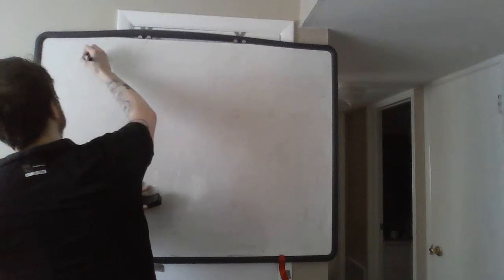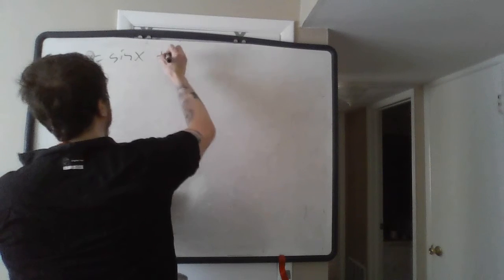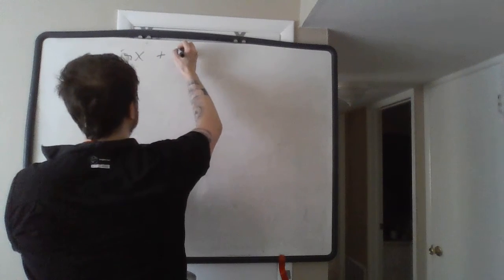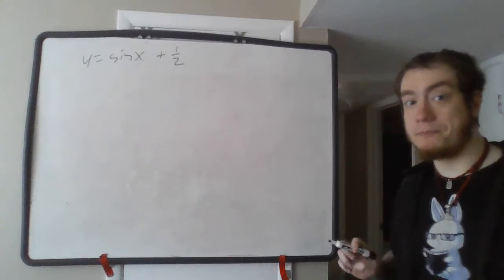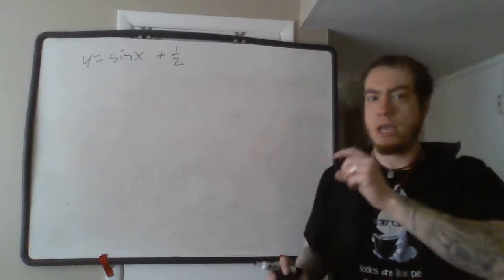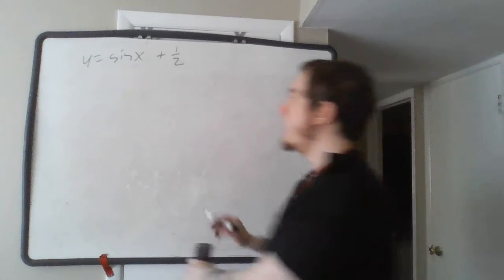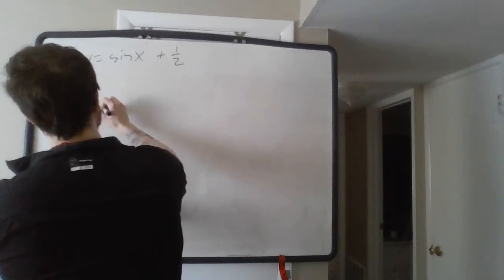What if I wanted to just graph something like y equals sine x plus, let's say that I do sine x plus 1/2. Well, adding a constant to any function when I graph it, all that does is shift this thing vertically. Okay, so what is that going to do in this case?